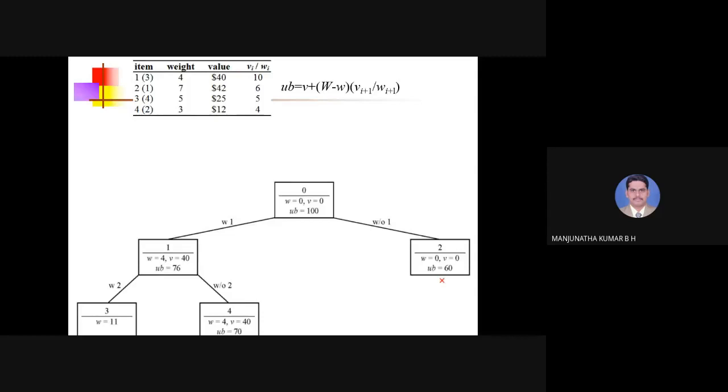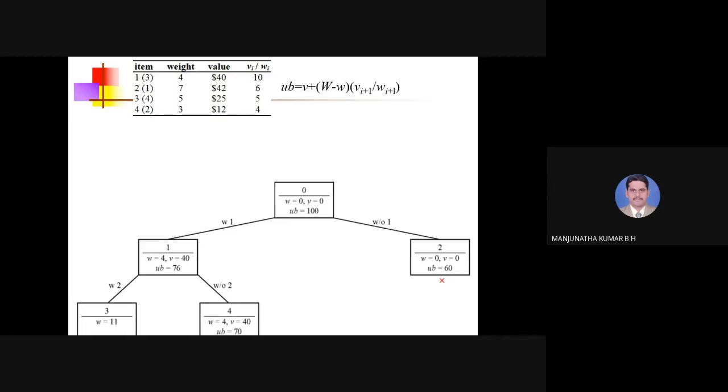Once you write the formula for upper bound calculation, the upper bound is calculated using the formula V plus (W minus w) into V i plus 1 divided by W i plus 1. You know the meaning of all these terms. So the very first node we will calculate now. The very first node number is 0. For every node I have given the numbers here. You remember these numbers also, because in my presentation you can see the calculation for every node.